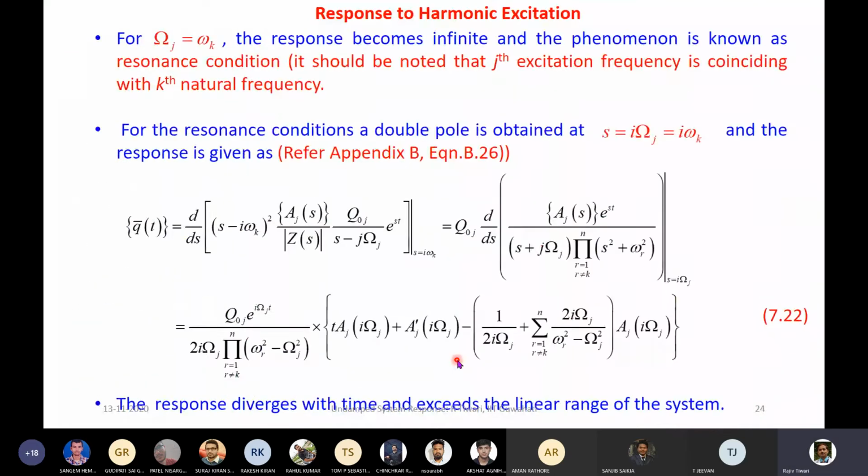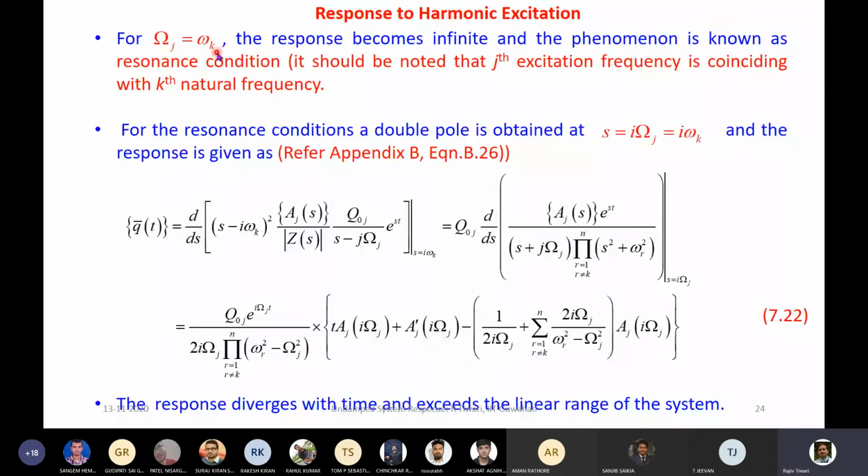Now another case is when the excitation frequency omega j is equal to the natural frequency omega k. What will happen when omega j is equal to omega k? This is a resonance condition.